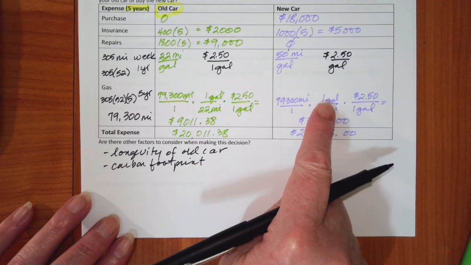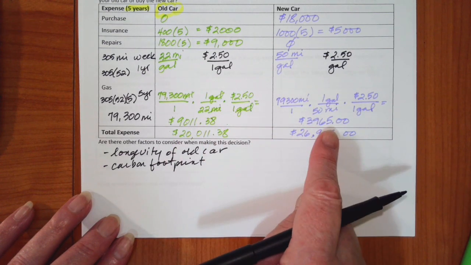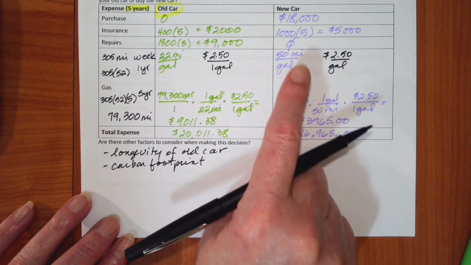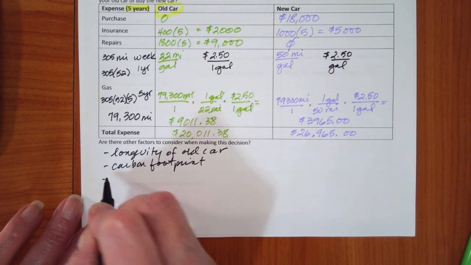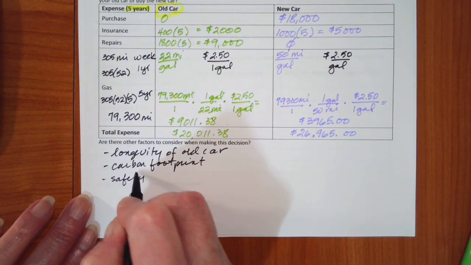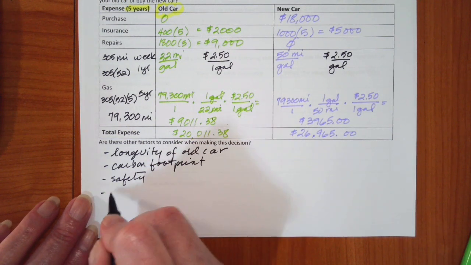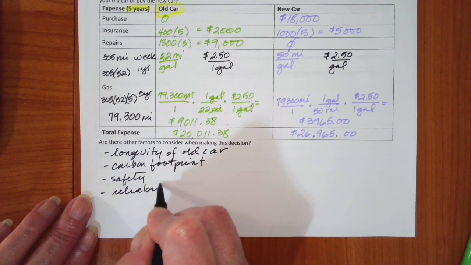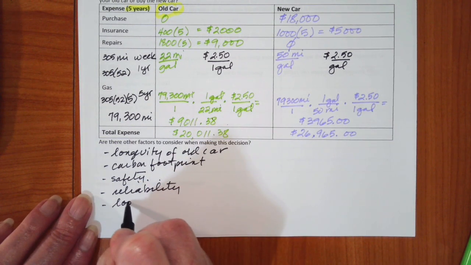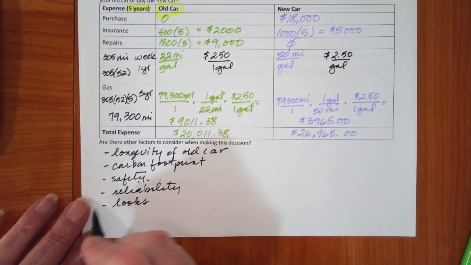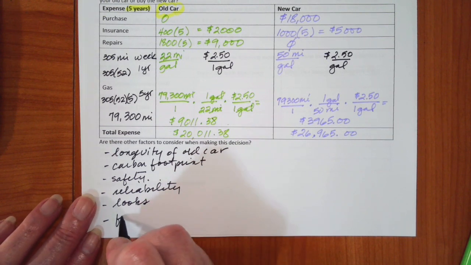If your habits are not changing, it might be worth it to you to get 50 miles to the gallon instead of 32. Okay. Safety, reliability, looks, the fun factor.